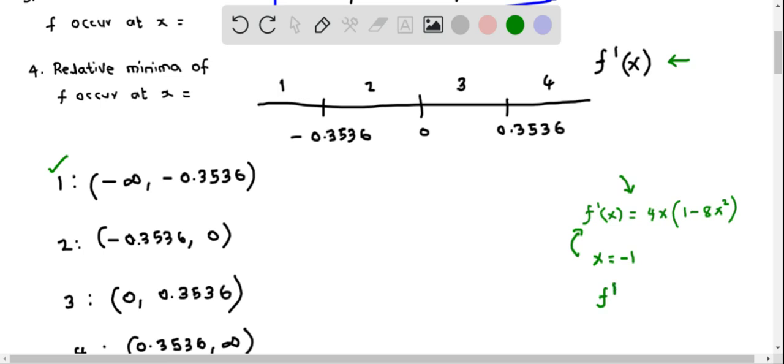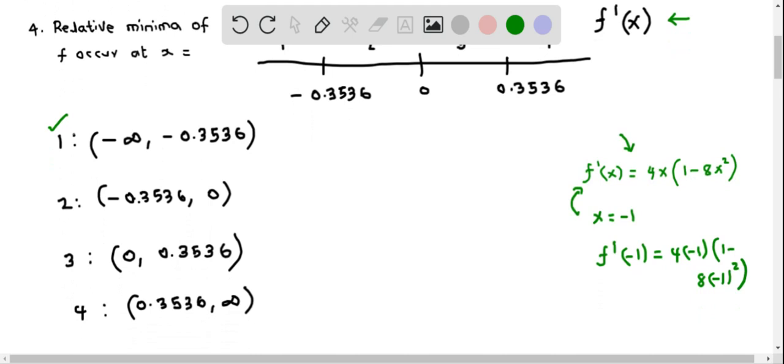So f prime of negative 1 equals 4 times negative 1 times 1 minus 8 times negative 1 quantity squared. Remember, we only have to determine the sign, not the exact value. 4 times negative 1 is negative 4, so I write this as a negative quantity.